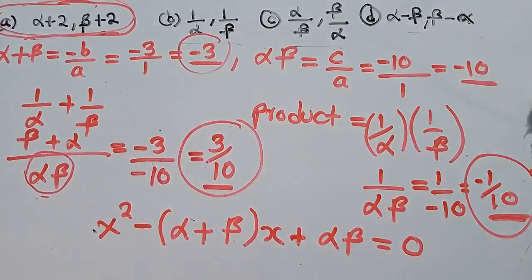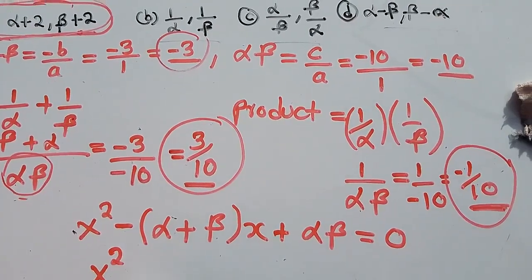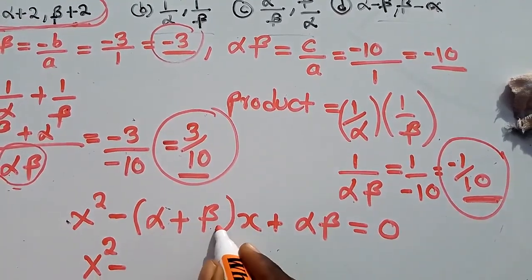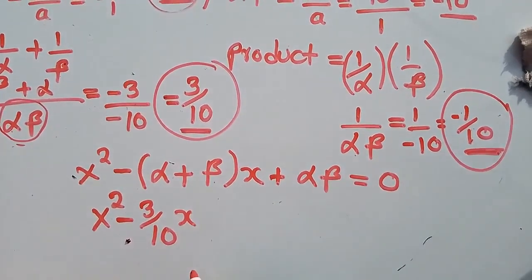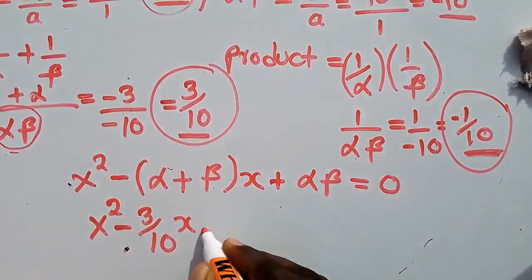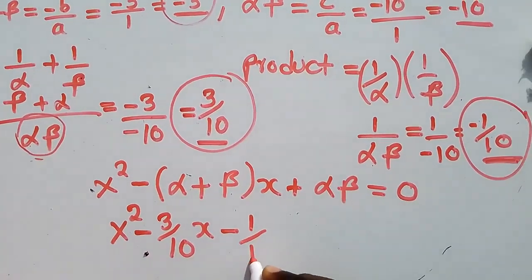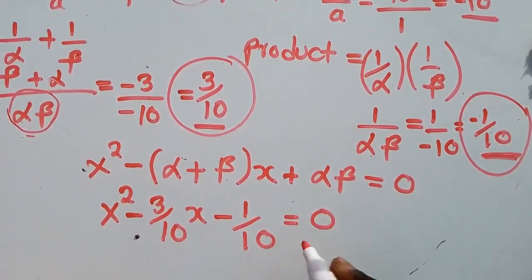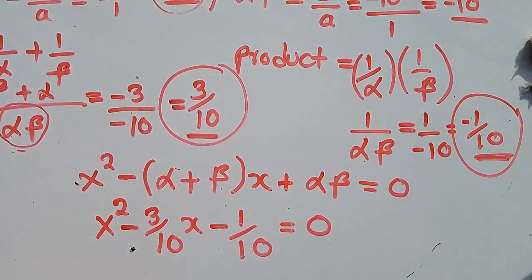This is the formula that you need to know, where I'm going to say x squared minus alpha plus beta, it is negative 3 over 10, then x there. Then here we've got a negative, so negative 1 over 10, which is equal to 0. So this is your answer.